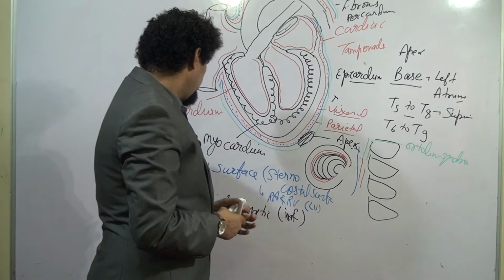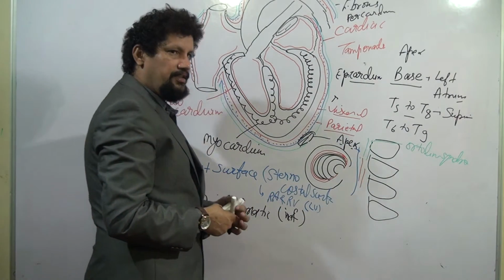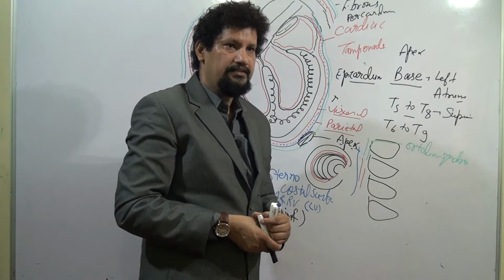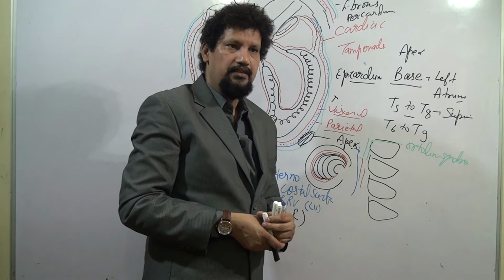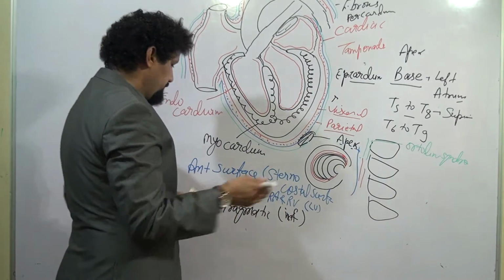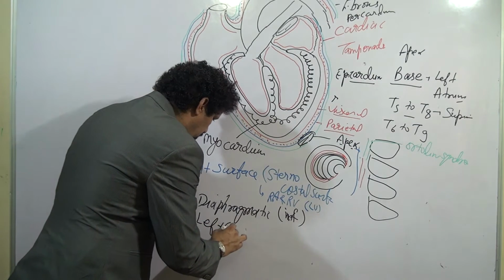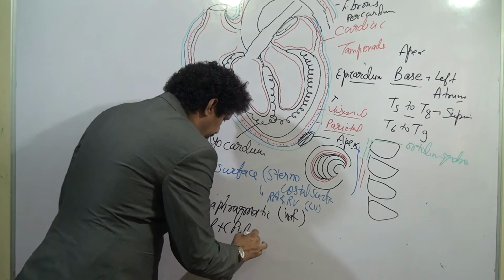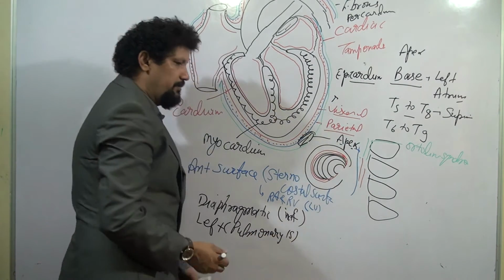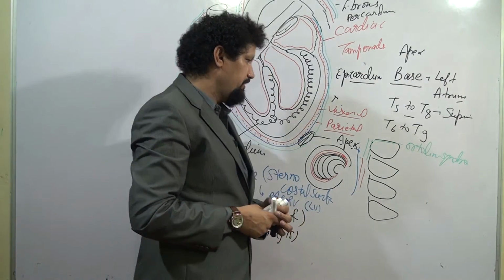So the first surface is the anterior surface or sternocostal surface, and the second is the diaphragmatic surface or the inferior surface of the heart. The third surface is also known as the left surface or the pulmonary surface, and it is formed by the left ventricle.